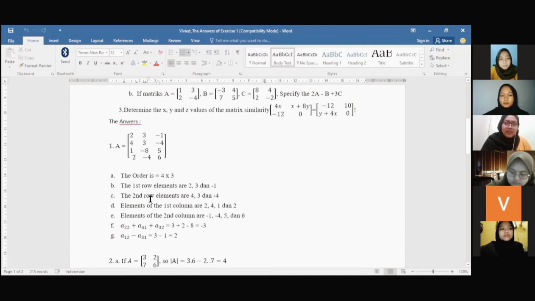C, the second row elements are 4, 3, and -4. D, the elements of the first column are 2, 4, 1, and 2. E, the elements of the second column are -1, -4, 5, and 6. F, A22 plus A41 plus A32 equals 3 plus 2 minus 8 equals -3. And G, A12 minus A31 equals 3 minus 1 equals 2.